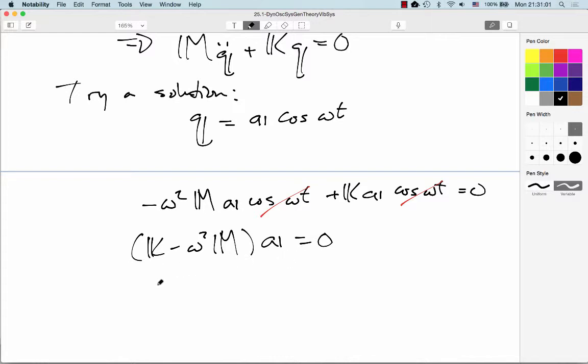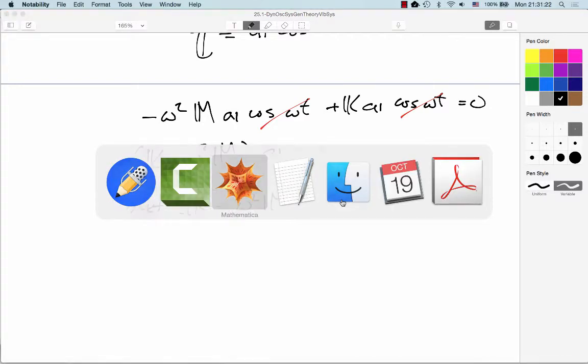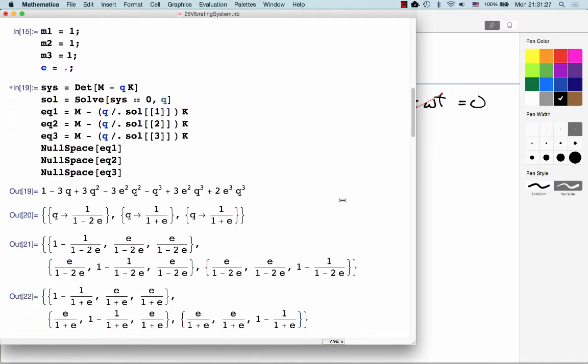Or secular equation. So sure enough, our secular determinant will become the determinant of k minus omega squared m equals 0. Now, at this point, you say, well, hey, we've done this all before, I'm just going to be solving a nastier polynomial. So let me just show you a quick cautionary tale about that. So I went ahead and set up such a system here.